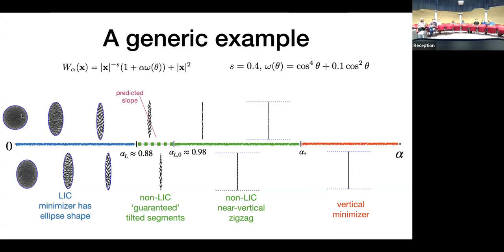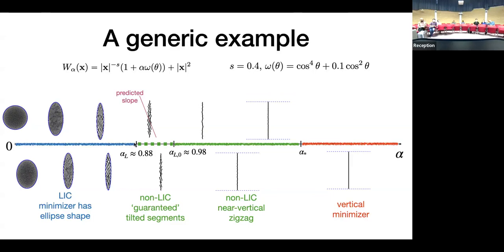As you make alpha larger and larger, you can observe that when alpha is not too large, you still have the ellipse-shaped minimizer. And there is just one critical value, which I would call alpha L, such that once your alpha passes this value, then suddenly the minimizer breaks into pieces. It collapses into some kind of lower dimensional set.